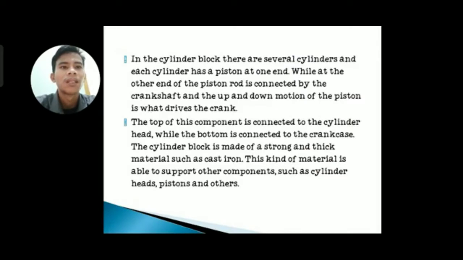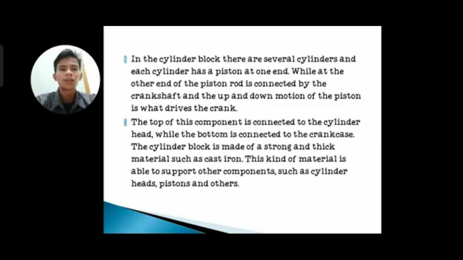In the cylinder block there are several cylinders, and each cylinder has a piston at one end, while at the other end the piston rod is connected to the crankshaft, and the up and down motion of the piston is what drives the crank.